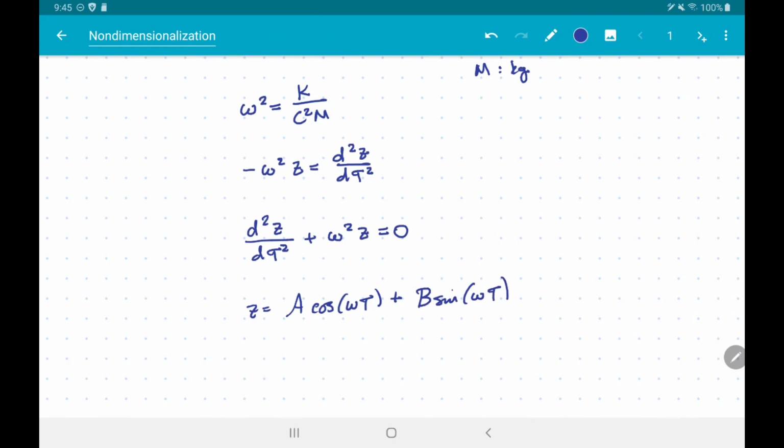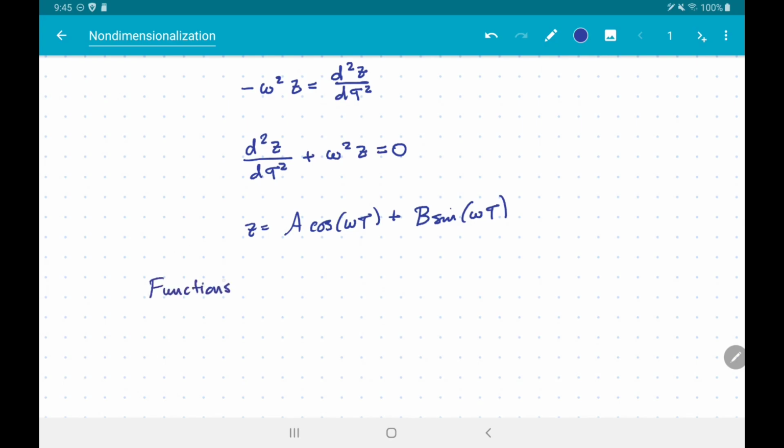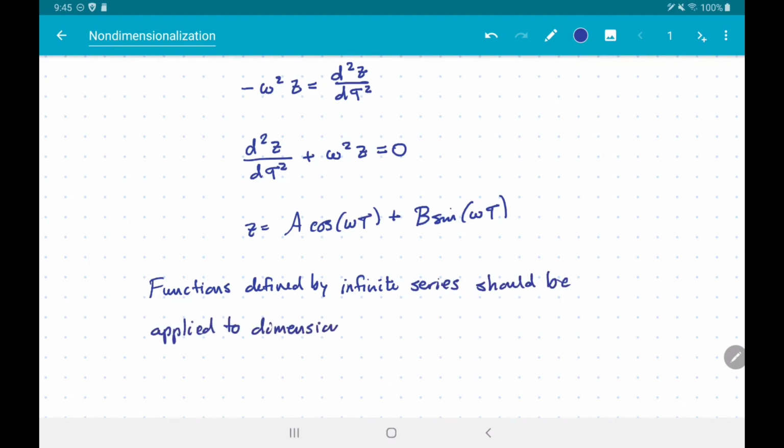Now, as to why is all of this important? When you use an analytic function that's defined by an infinite series, functions defined by infinite series should be applied to dimensionless numbers.